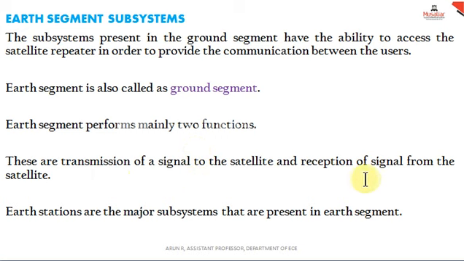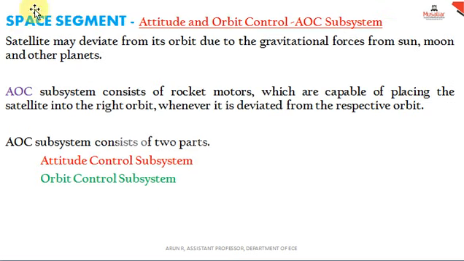Whereas in the space segment, the first section is the attitude and orbit control system, abbreviated as AOC subsystem. Sometimes a satellite may deviate from its orbit due to external forces like gravitational force from the sun, moon or other planets.